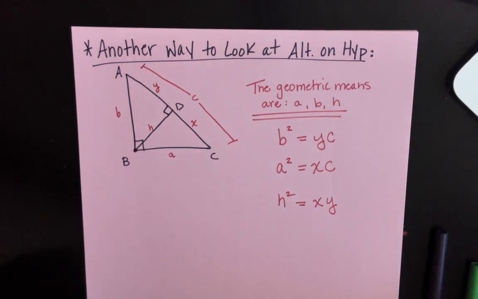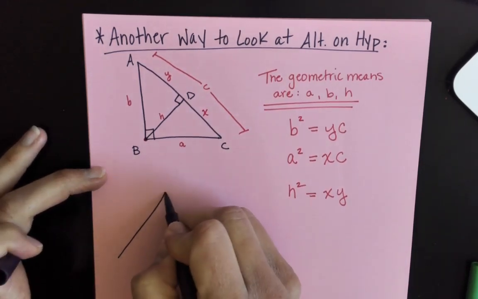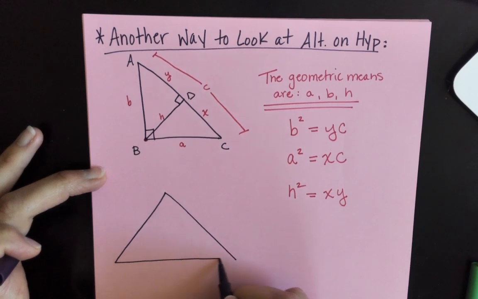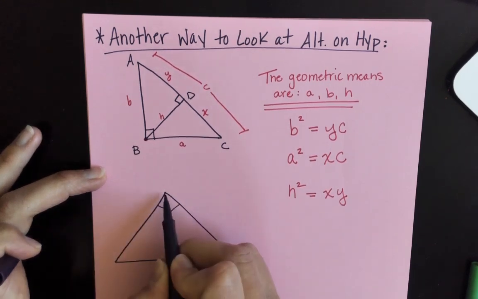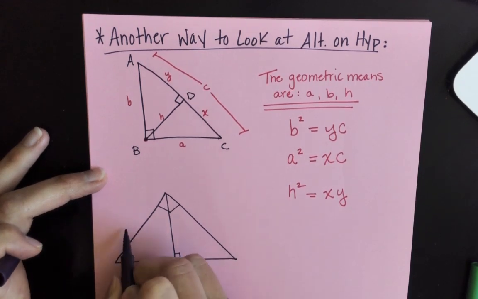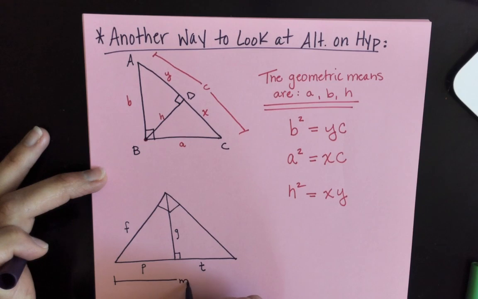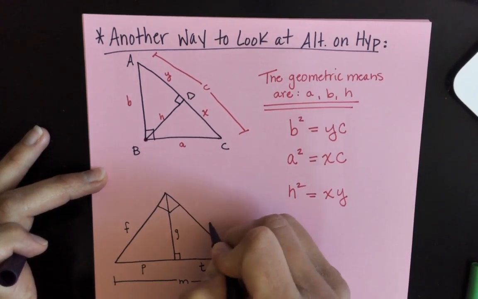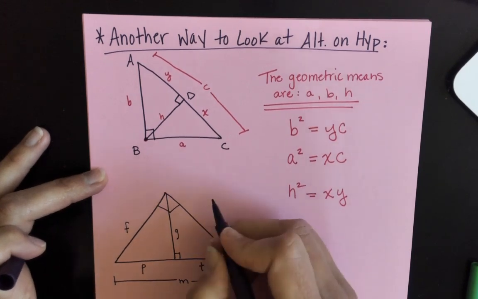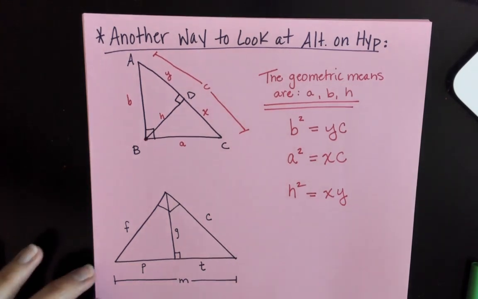So I'm going to turn my triangle here just to show you, and I'm going to change some of the letters just so that you can see what I'm looking at. And I'm going to go ahead and name this F, G, P, T, M, and C. Okay.